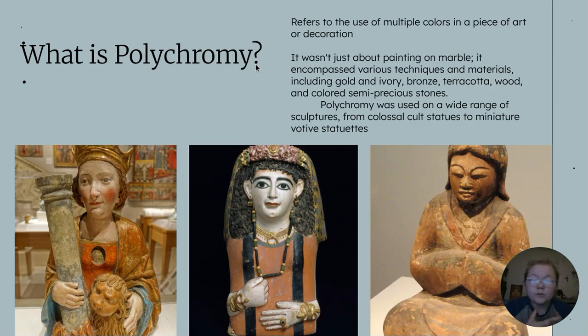Polychromy was also used on a wide range of sculptures, from colossal cult statues that you'll find maybe for the Dionysian mysteries, to miniature votive statuettes that you'll find in ancient cultures, kind of like Babylon.